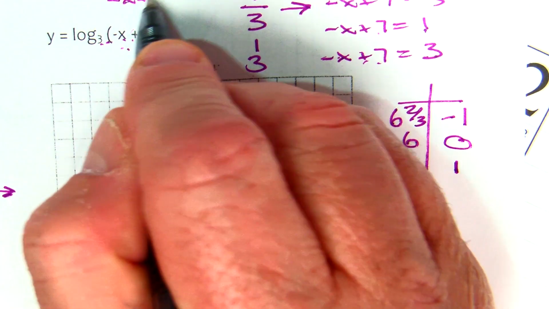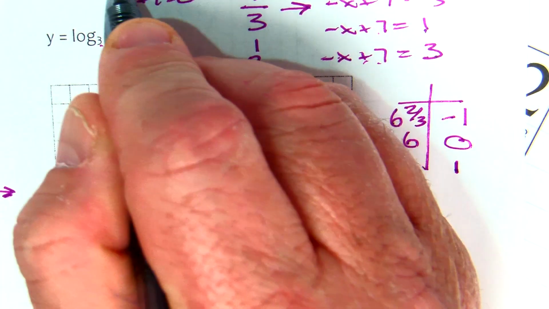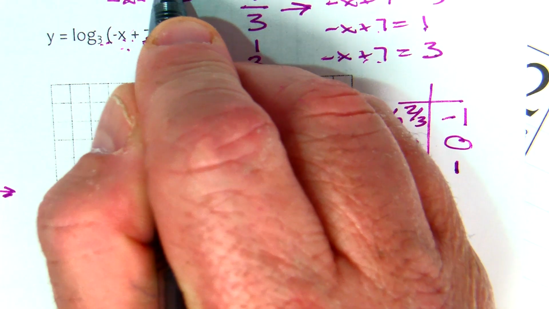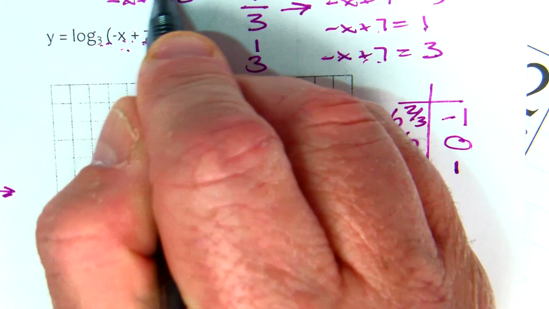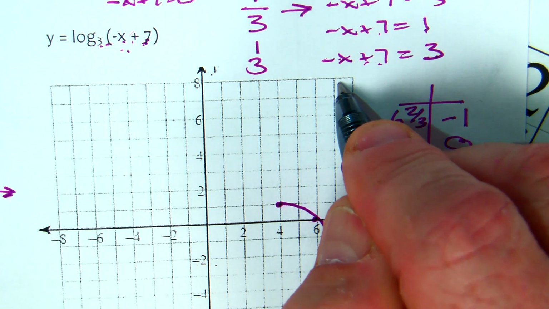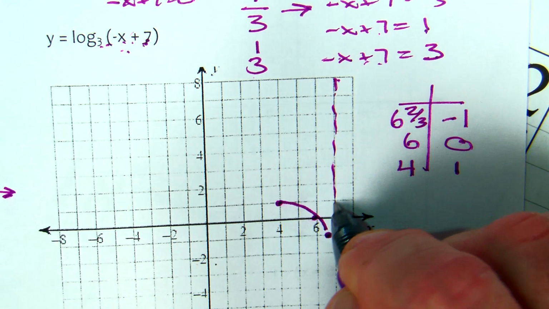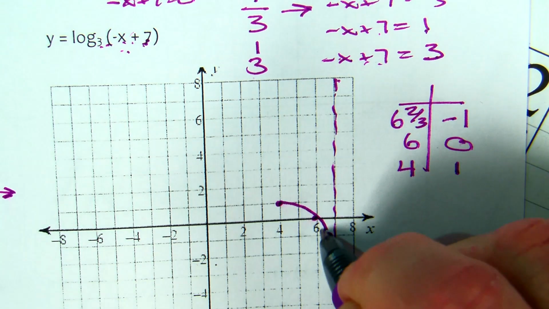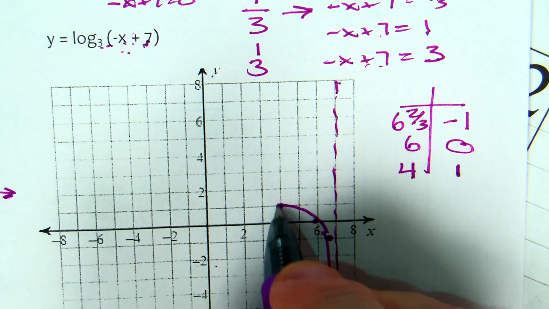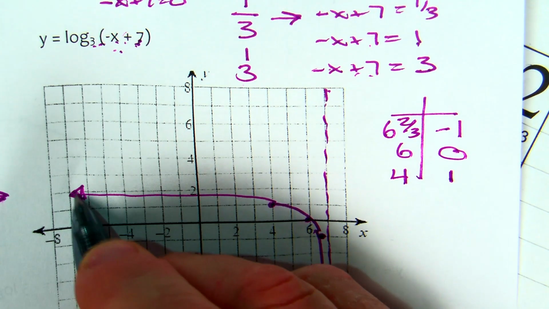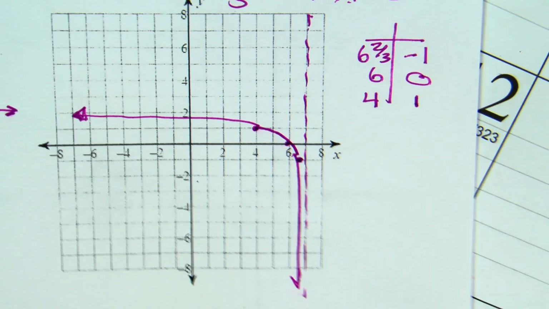Negative x plus 7 equals 0 is your asymptote. Negative x equals negative 7. X equals 7 becomes your asymptote. Here's your graph.